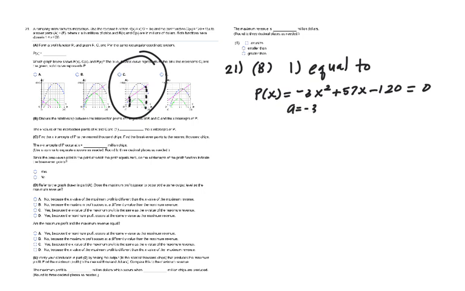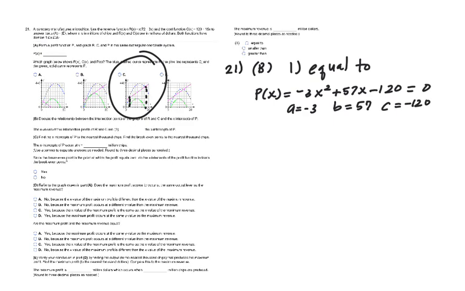Here I'll use the quadratic formula. We have a equal to negative 3, b equal to 57, and c equal to negative 120. So x equals negative b plus or minus the square root of b squared minus 4ac, all divided by 2a.